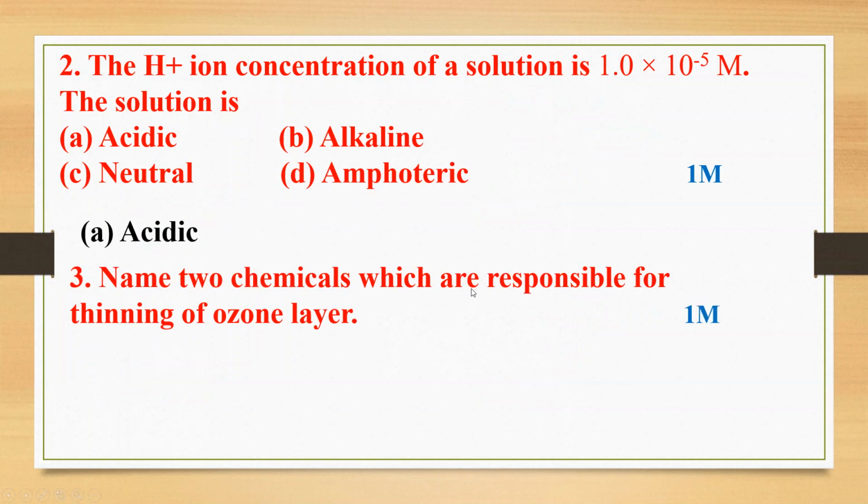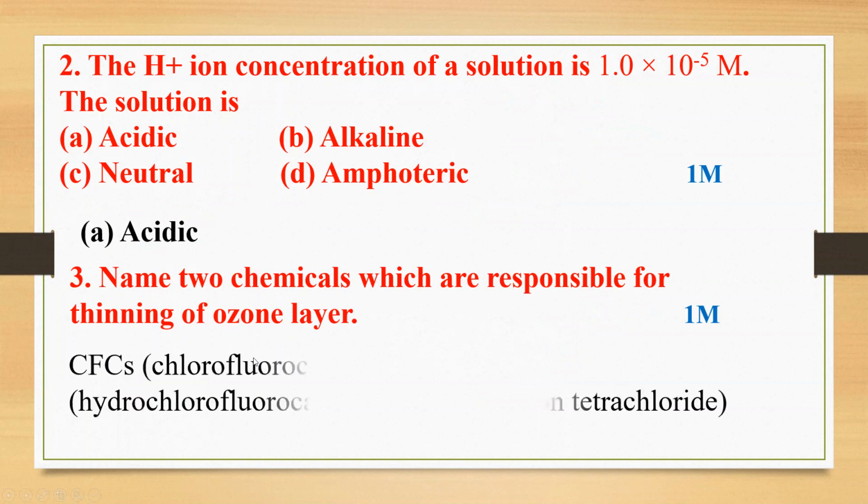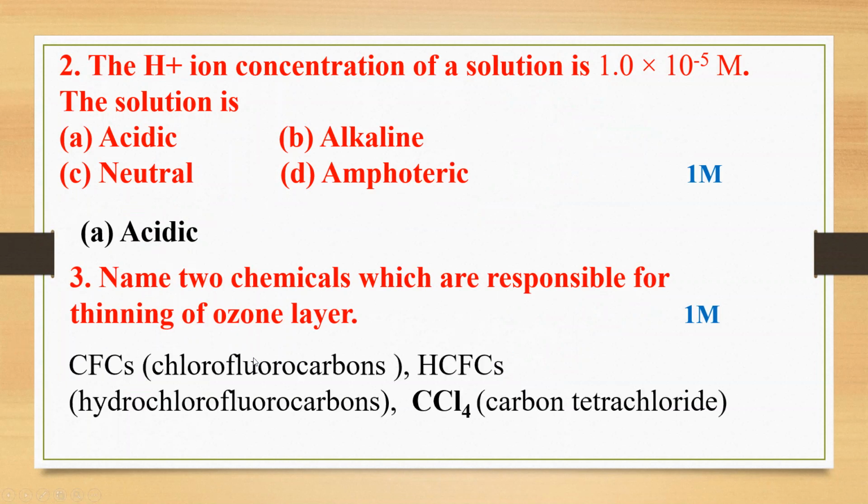Next, move to another question. Name 2 chemicals which are responsible for thinning of the ozone layer. The ozone layer is present in the stratosphere, which protects us from harmful UV radiation.